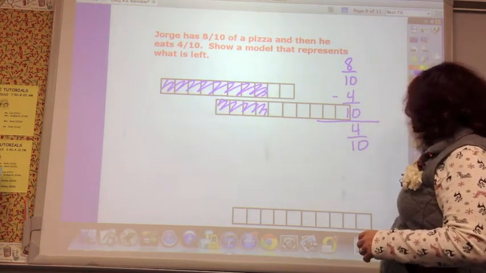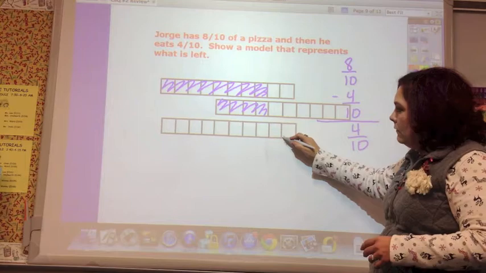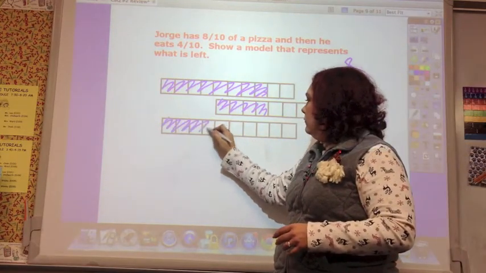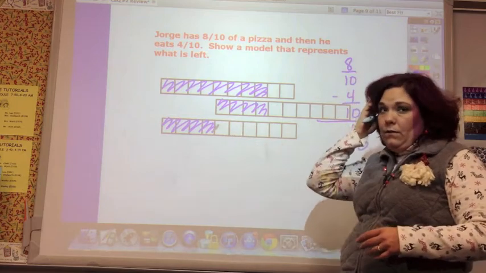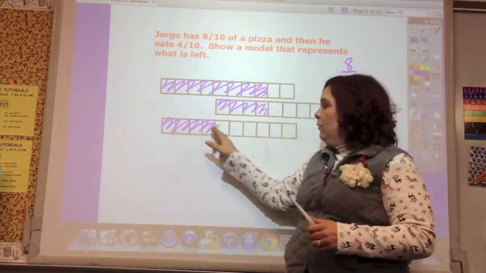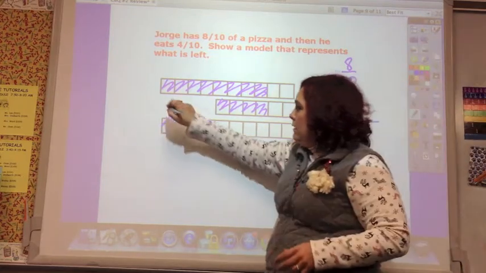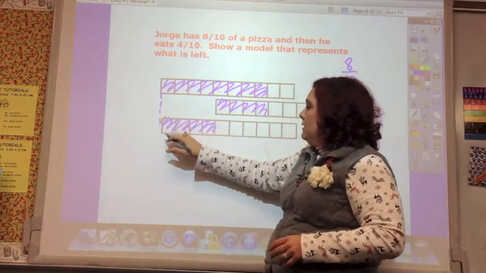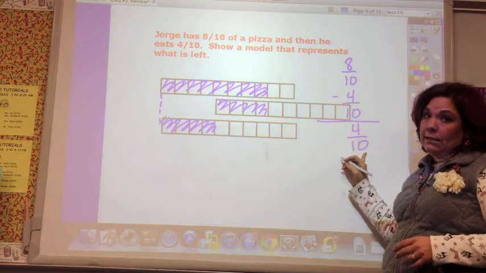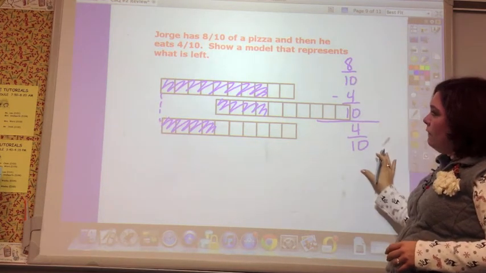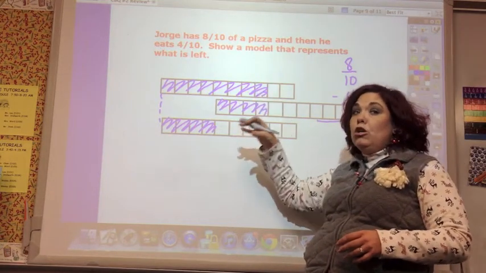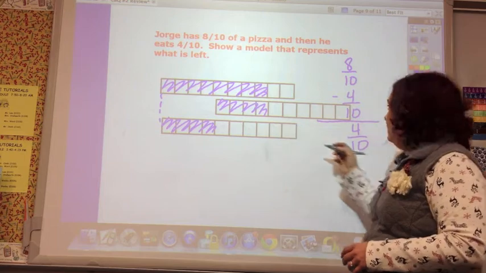And then what is left? This is what's left. So, does that match up? Does 4/10, and this has little dotted lines, does that match up with what our answer said? It does. So we solved it mathematically, and then we're just making sure that the model looks like what we solved.